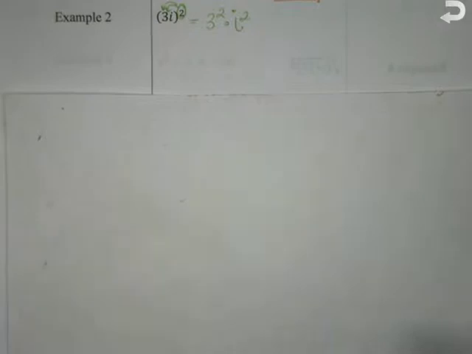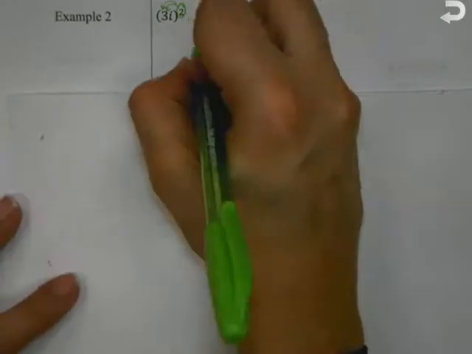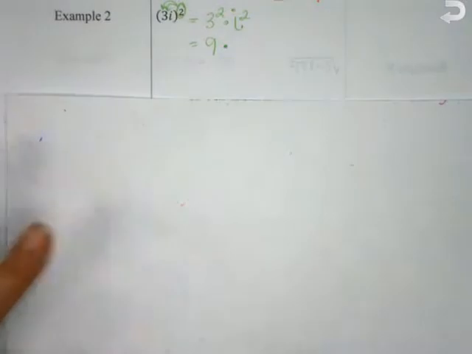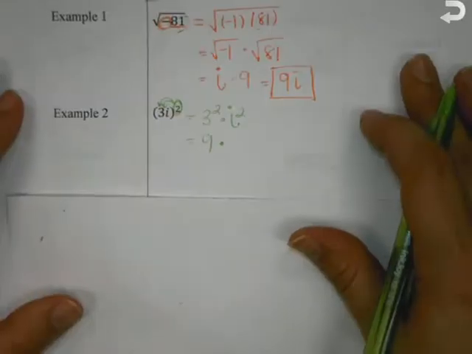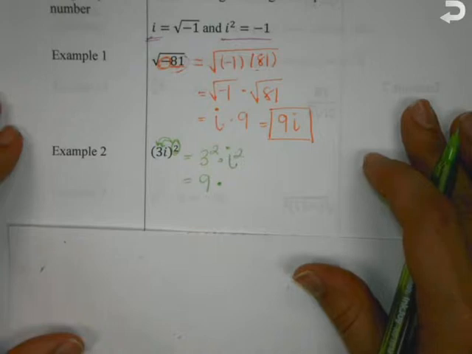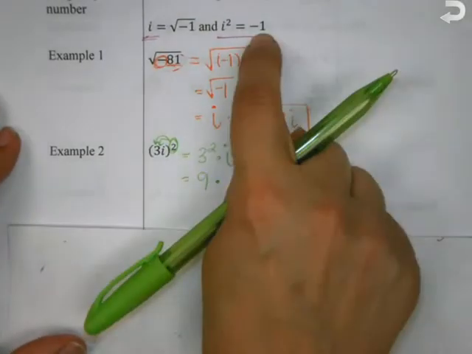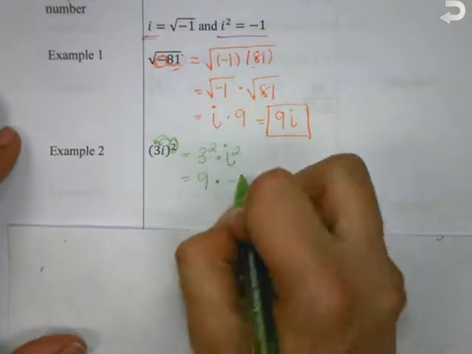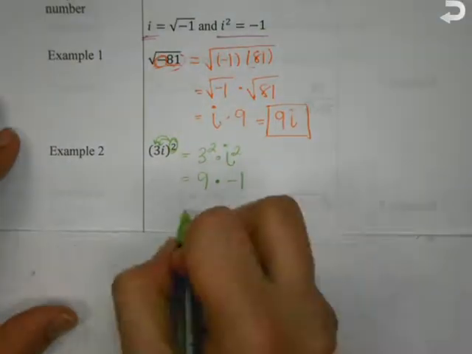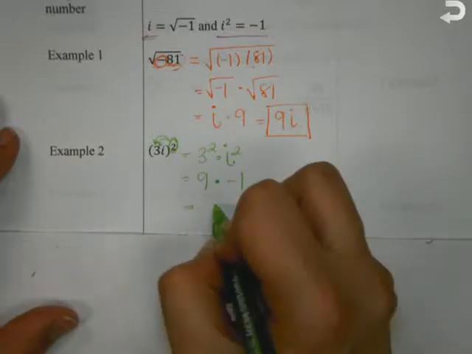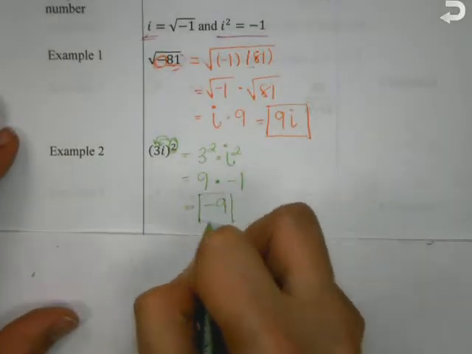What's 3 to the second power? 9. And I already told you, we wrote it up at the very top. What is i to the second power equal to? -1. So now that we have i squared, I can just change it to a -1. So what's 9 times -1? -9. And that's your answer.